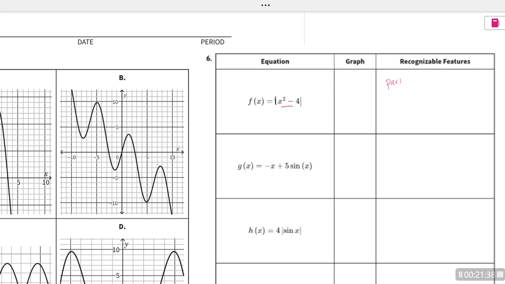Part of the shape will be a parabola, a parabola with no negative values, right? Negative values because of the absolute value.